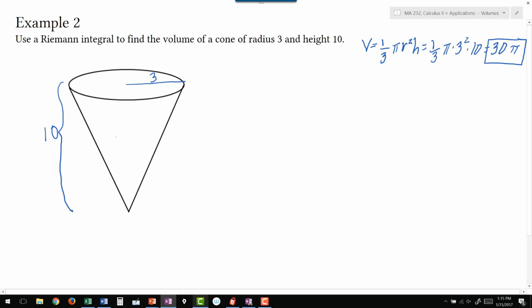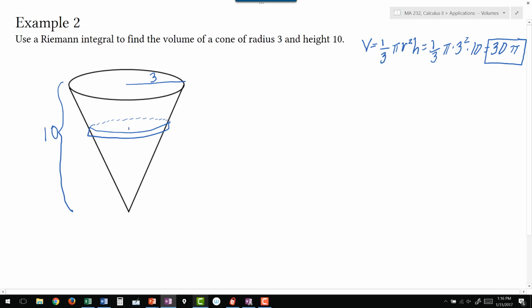Next, we have to think about how to slice the figure so that we end up with shapes that we know how to deal with. Like we did for the cylinder, we take our slices to be parallel to the base of the cone so that what we end up with are thin circular discs.